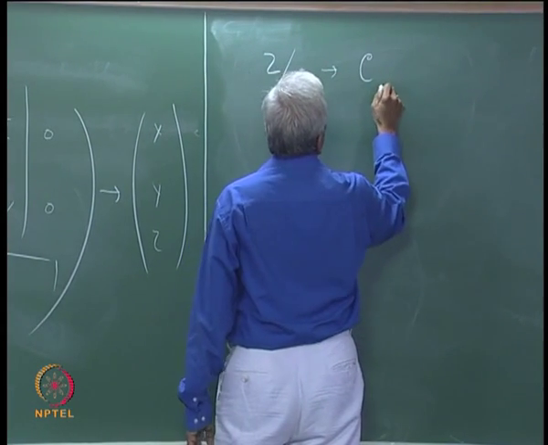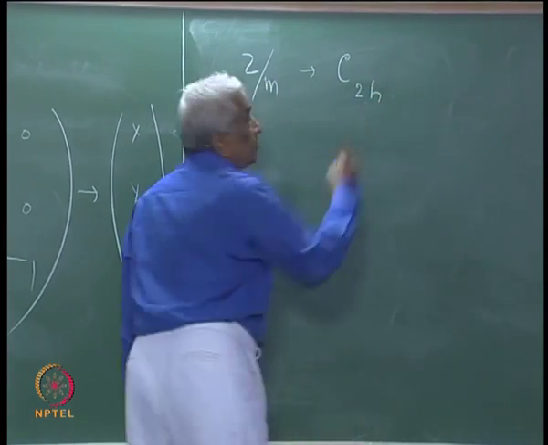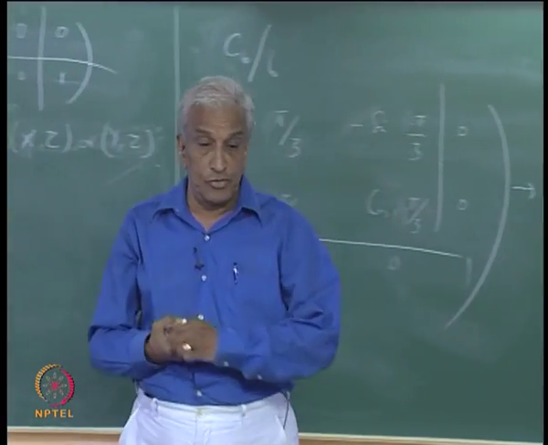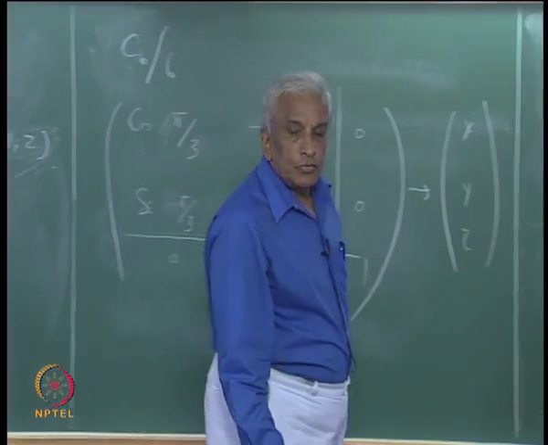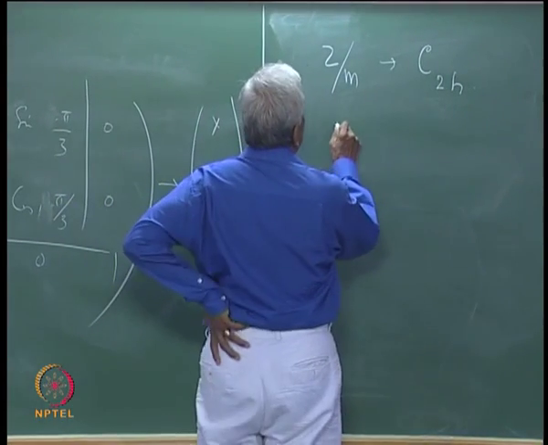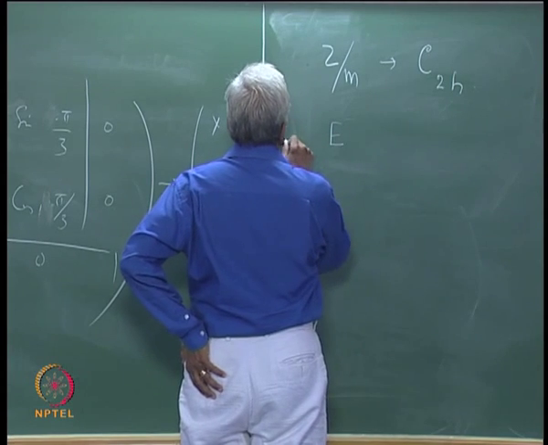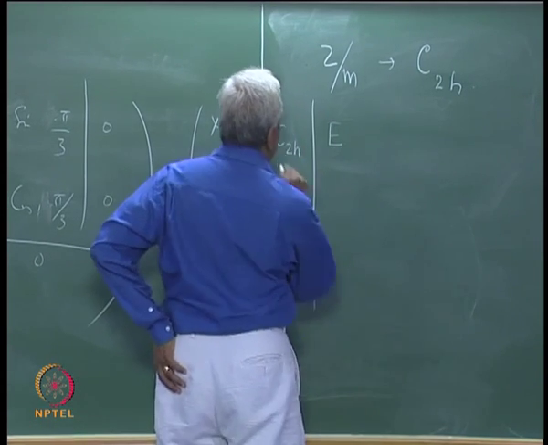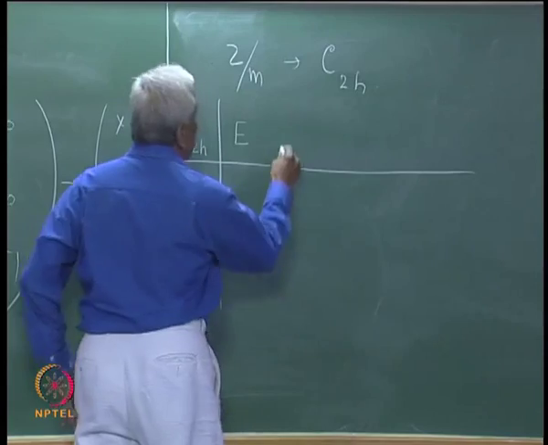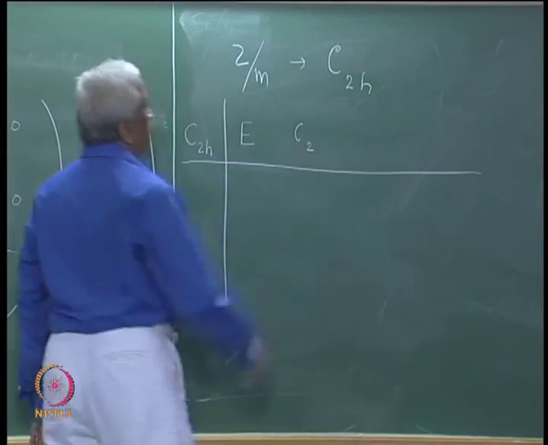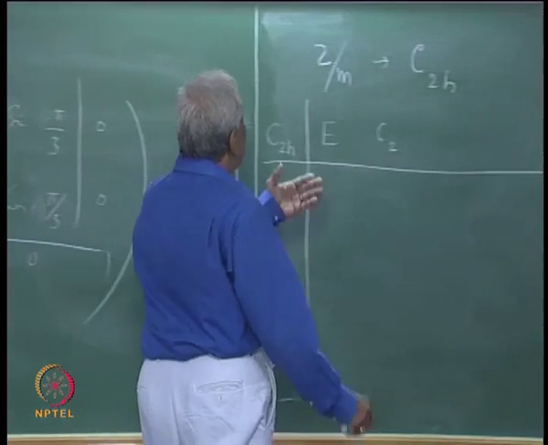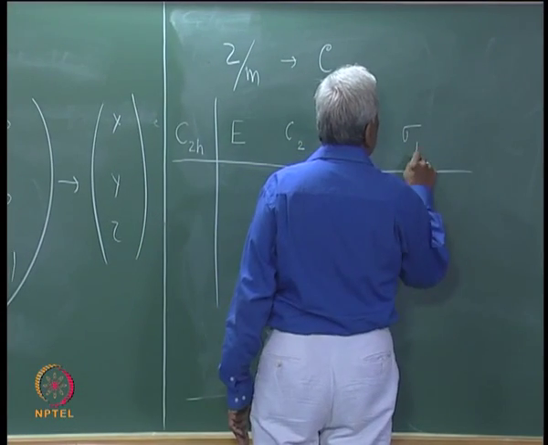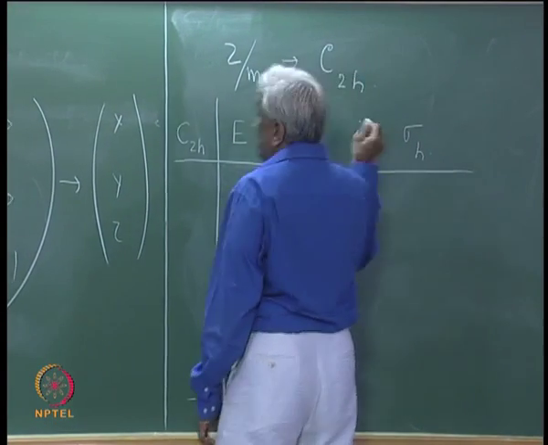So, it goes by the nomenclature C2h in Schoenflies notation. So, C2h has the elements, these are the elements: C2 squared is I, and because there is a mirror sigma h, that produces an inversion symmetry.